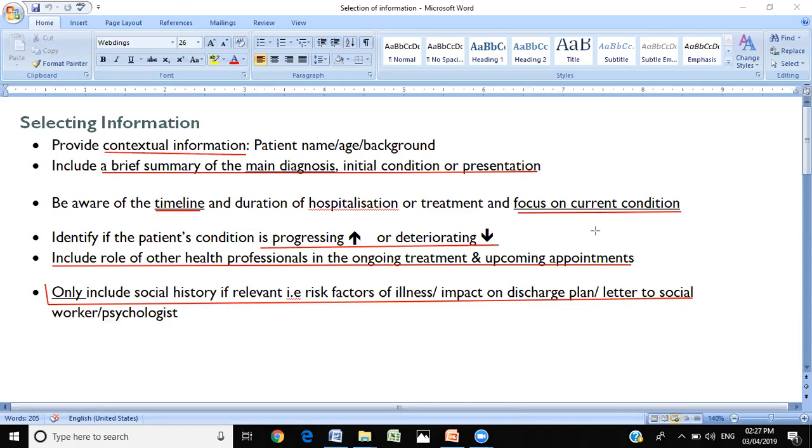So this is how the information is to be selected.